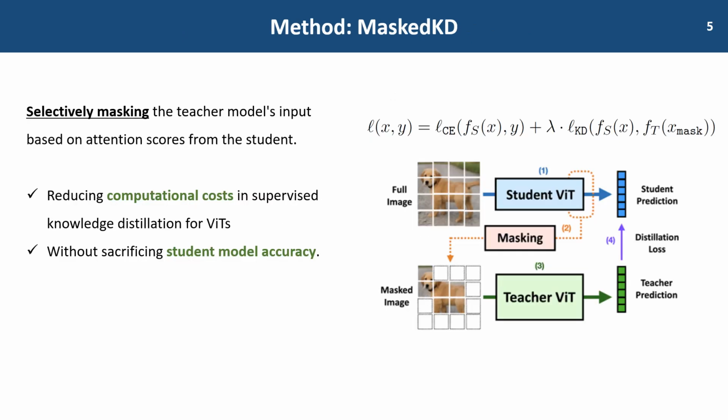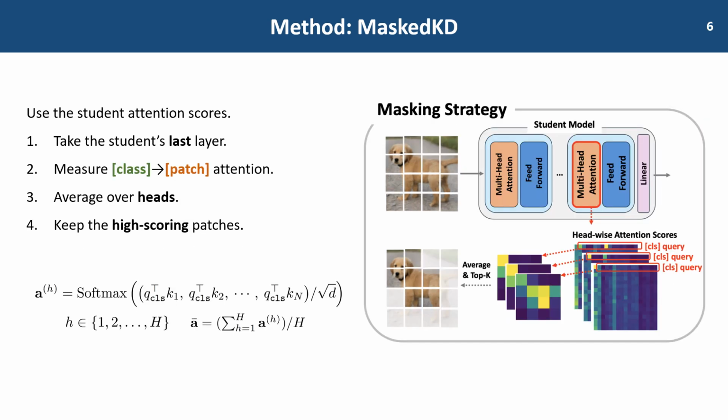We proposed MaskedKD, a method that reduces computational cost of supervised knowledge distillation for ViTs without sacrificing student model accuracy. MaskedKD selectively masks the teacher model's input based on attention scores from the student. The masking strategy works as follows.